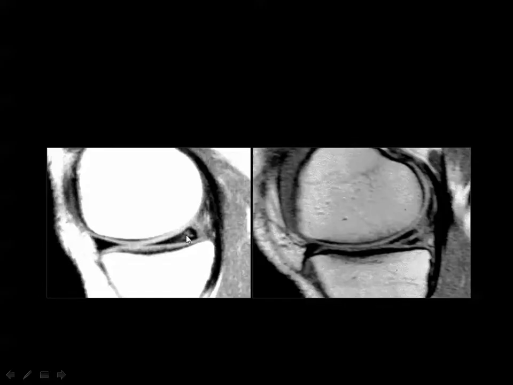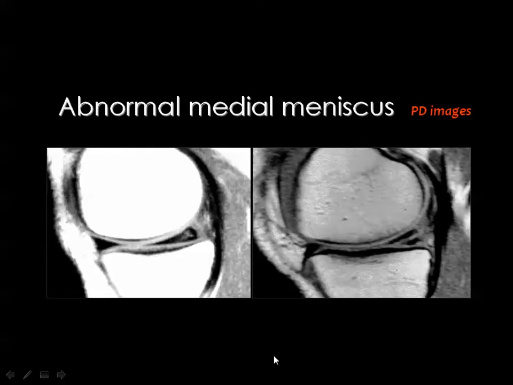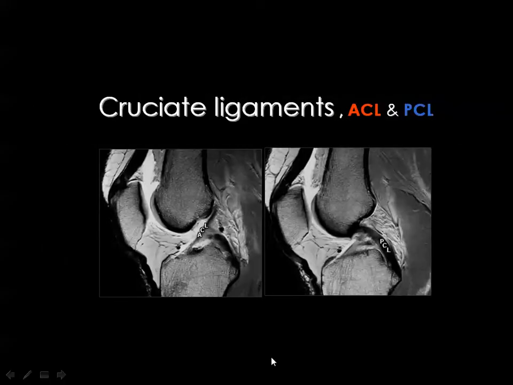Meniscal degeneration does not involve the articular surfaces of the meniscus, does not affect the superior surface nor the inferior surface, while the meniscal tear will involve one of the surfaces or both surfaces of the meniscus. And this is the difference, to start with, between meniscal degeneration and meniscal tears.